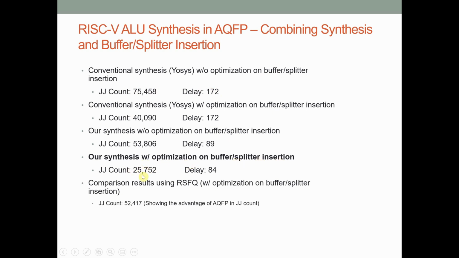With our full optimizations, including the majority-based optimization and the buffer and splitter insertion, we reduce the Josephson junction count by 3 times and the delay by about 2 times. So here, we can see the significant difference. And if we compare with another technology, RSFQ, the most standard technology, which is a DC-based superconducting electronics, we can see that AQFP also has an advantage in Josephson junction count by a factor of about 2.